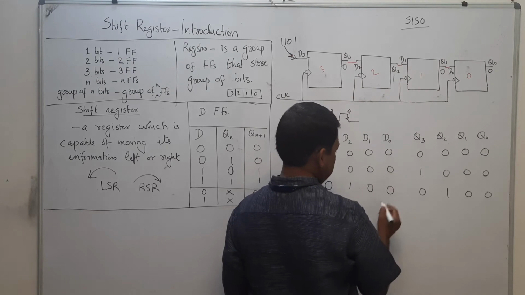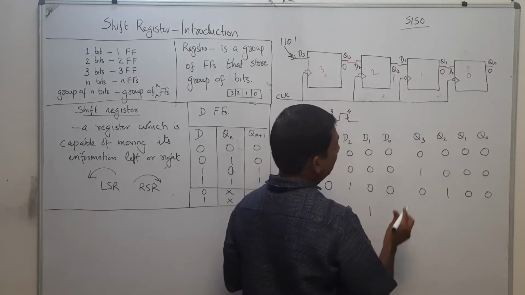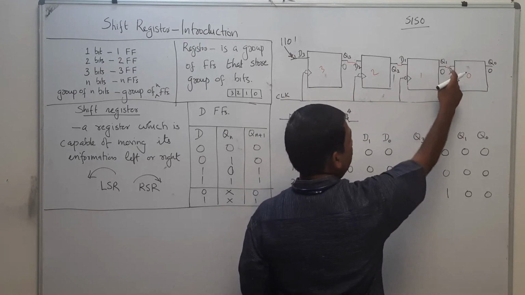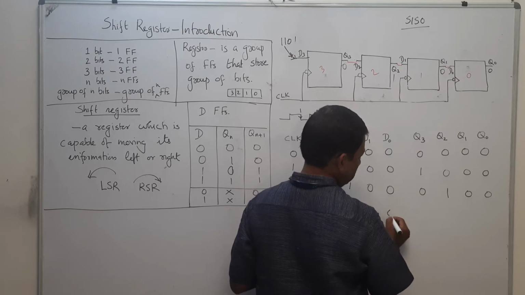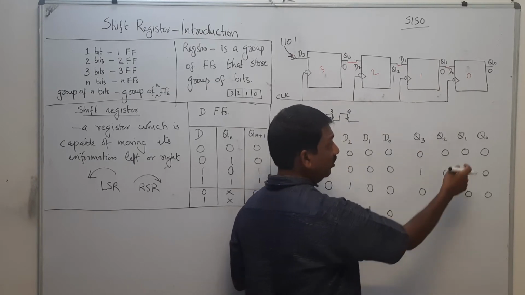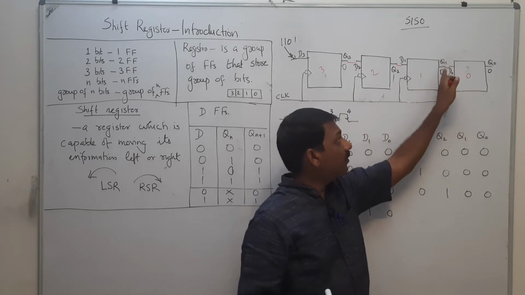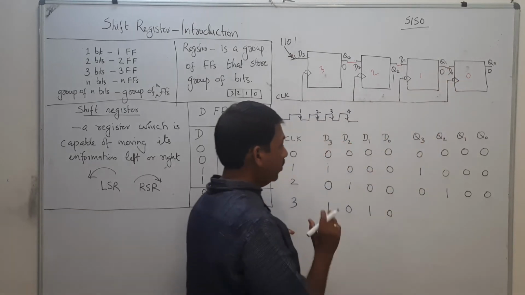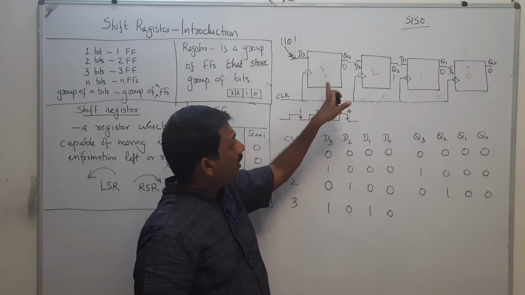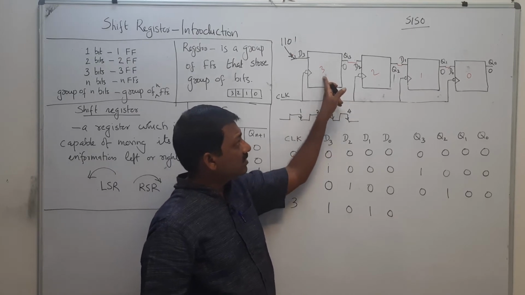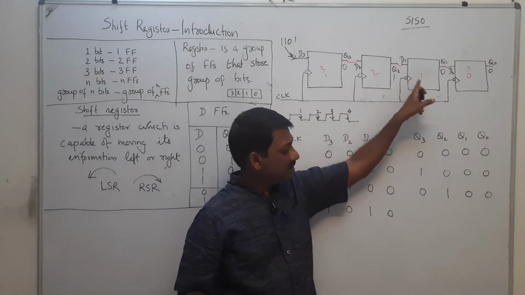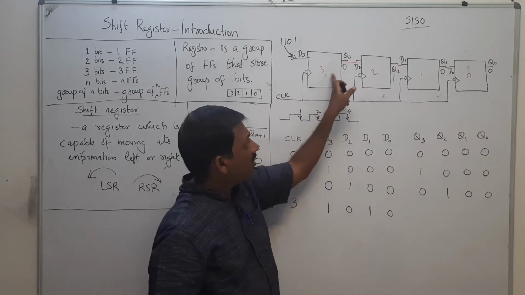That is Q2, which is 1. And what is the value of D0? It is the previous value of Q1, since Q1 is equal to D0. So the values stored in this register are now 1, 0, 1, 0.